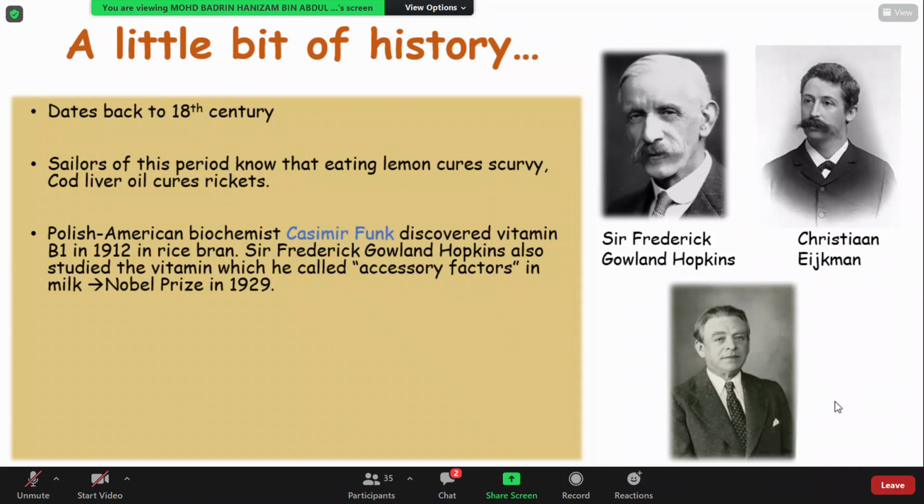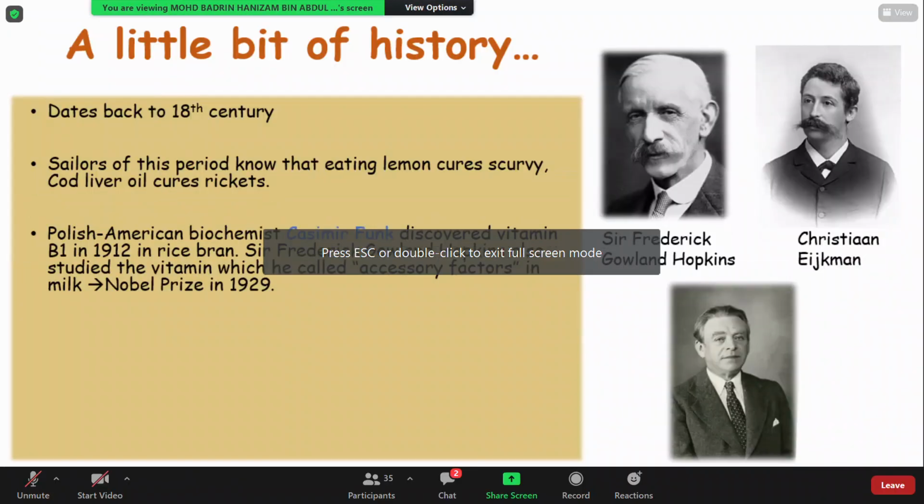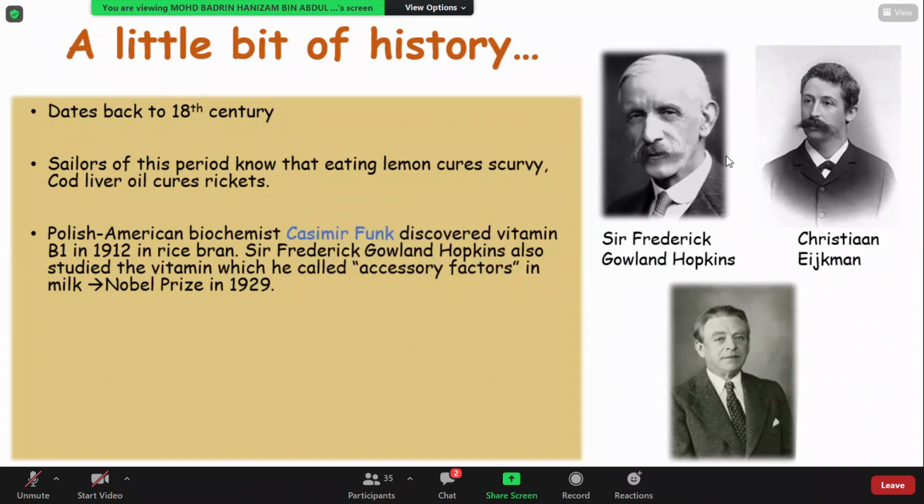So this guy studied vitamin in rice bran, vitamin B1, while this guy studied vitamins in milk, because milk contains lots of growth factors and vital components. So this guy called them accessory factors.